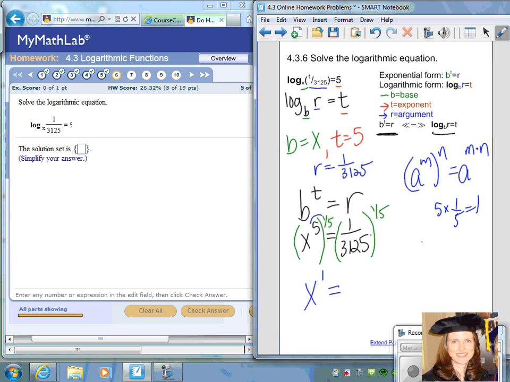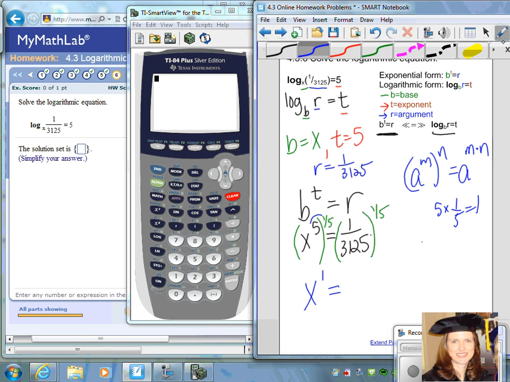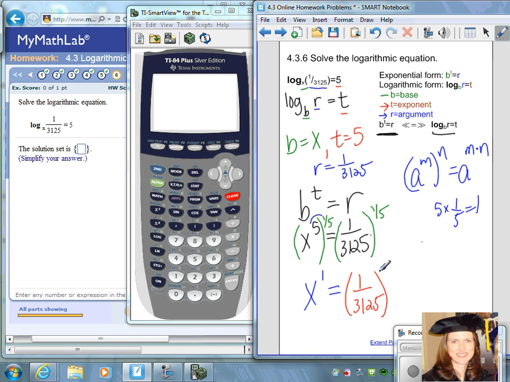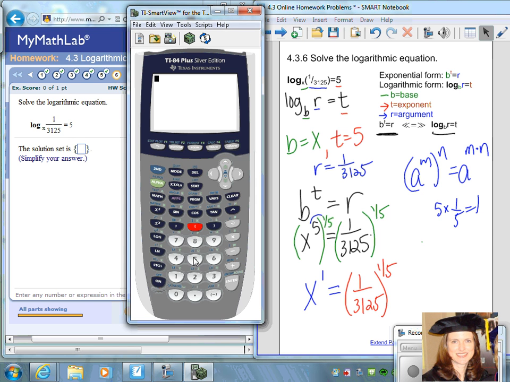All right, since our answer is 1 over 3125 raised to the 1/5 power, I'm going to use a calculator to simplify this. You can use a scientific or a graphing calculator.